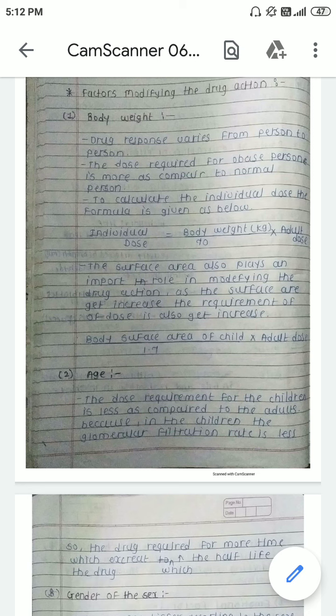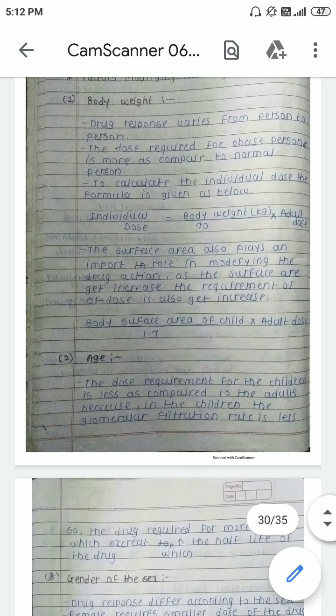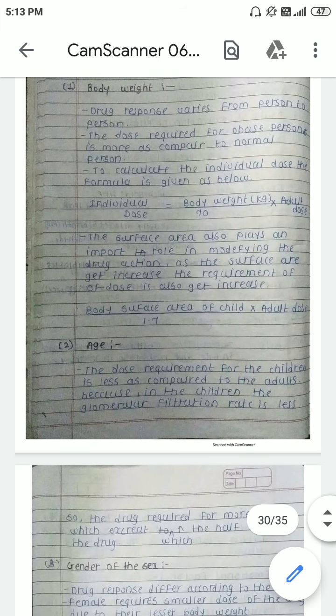First is body weight. We know that the drug response varies from person to person. For the same kind of drug, for example paracetamol, given to two different persons, the dose and its action will vary because of body weight. The dose required for an obese person is usually more as compared to normal persons because the body weight is high.